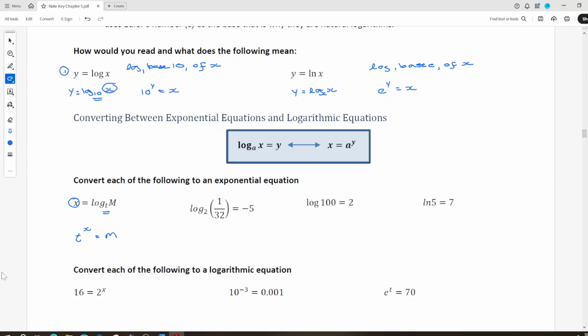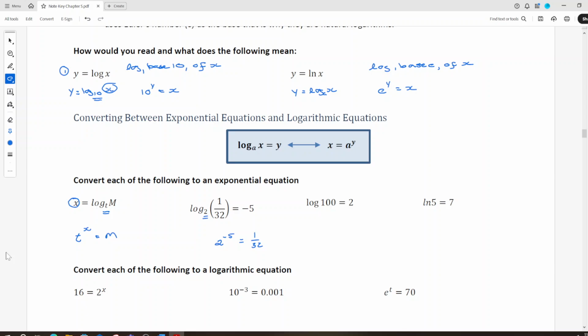Now that one's nonsensical because it's all letters, okay? But the next one, this is a true statement. Log base 2 of 1/32 is negative 5. What does that mean? Well, it means that 2 to the exponent negative 5 is 1/32, right? So 2 to the negative 5 would be 1 over 2 to the 5. 2 to the 5 is 32, okay?